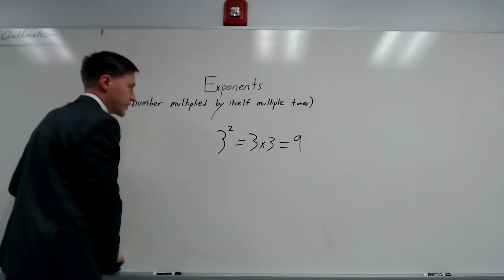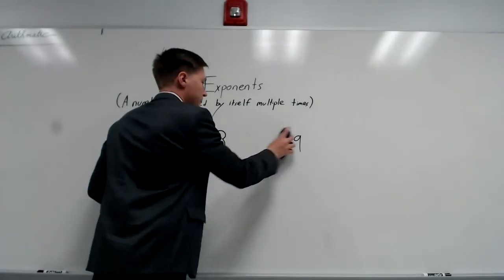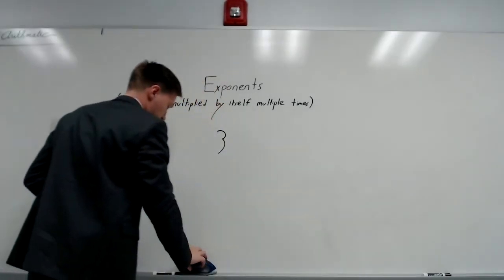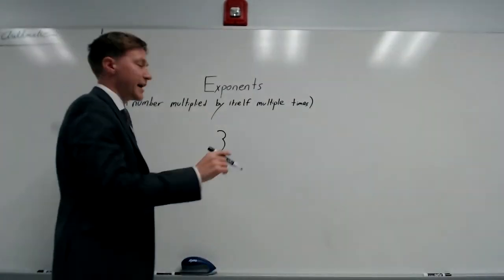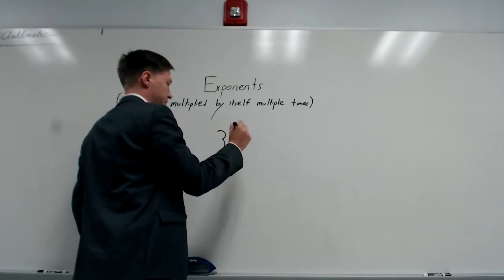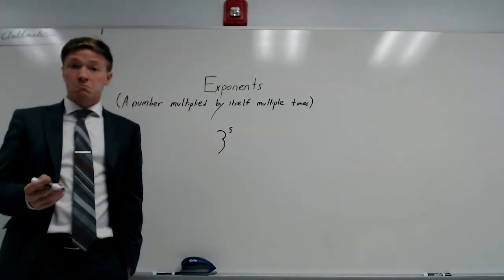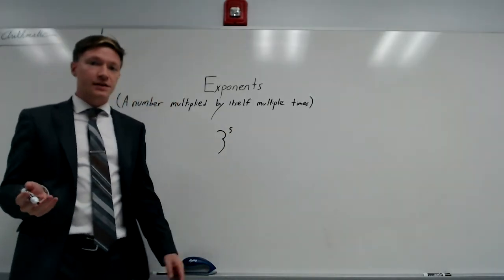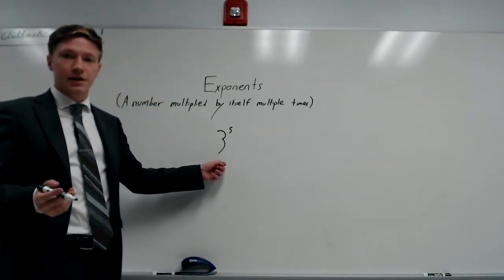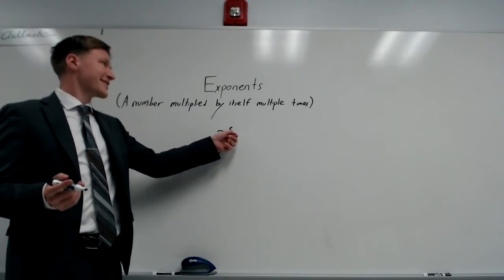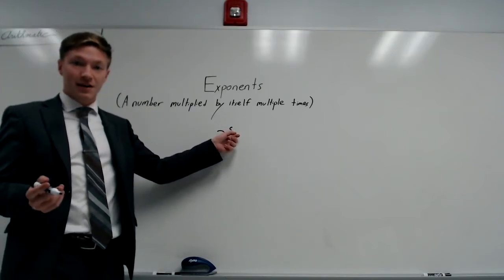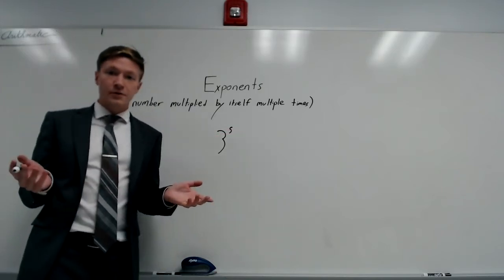Fair question. What if instead of 3 squared, this number could be 3 to the power of 5? Right? Well, now what are we saying? We're saying that this base number right here is multiplied by itself 5 times. How do we even set that up?